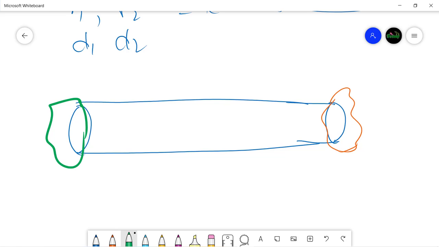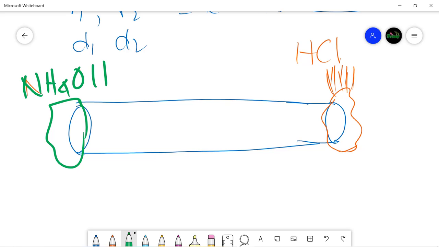So these are cotton plugs, and they are simultaneously soaked by adding HCl from one side and NH4OH from the other side. So this is ammonia and HCl.